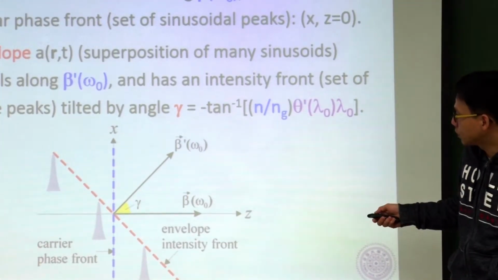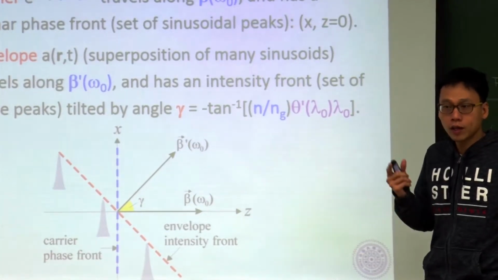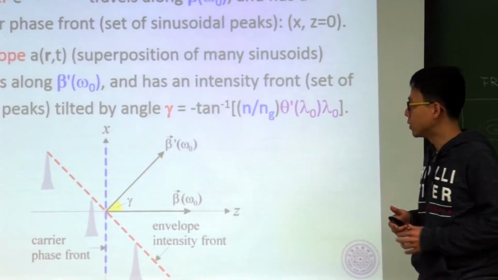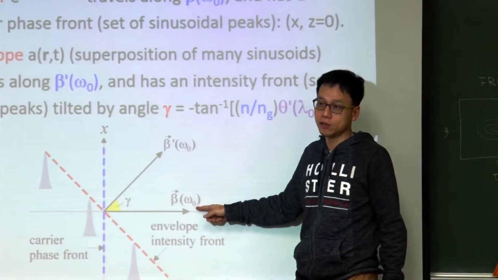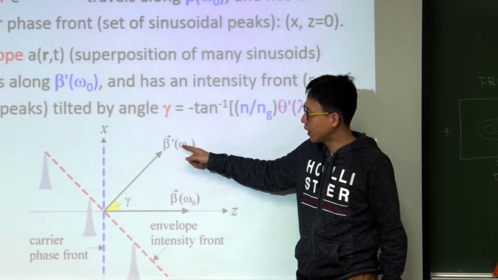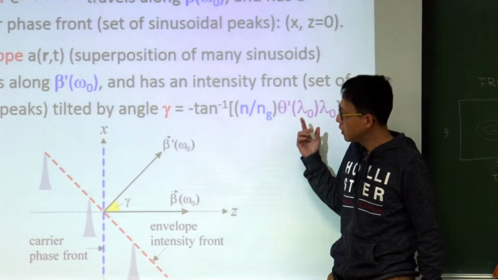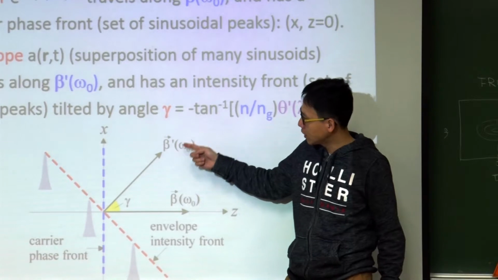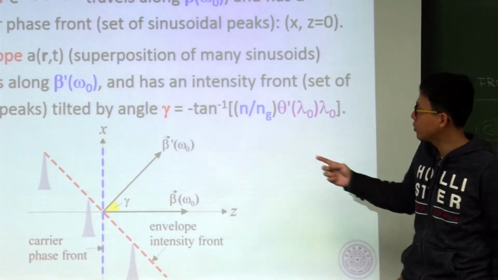And there is an included angle gamma here. And we have already derived the formulas for beta prime and beta. This is along the z direction. This one has x and z components. So based on the formulas, you can easily evaluate the gamma angle, just taking an arctangent here.